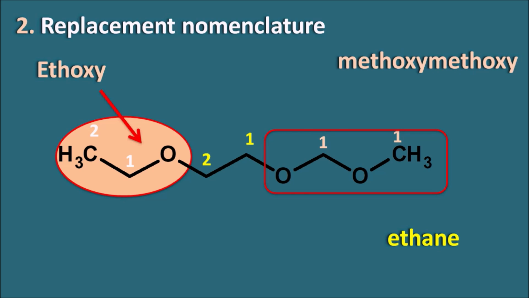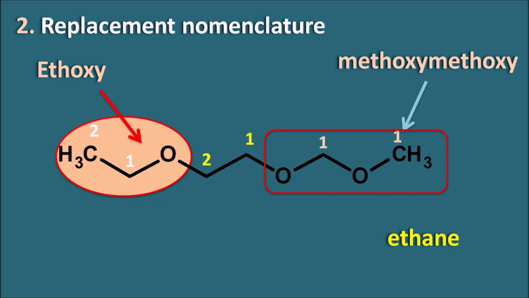So this is nothing but the methoxy. So in this way, to this ethane, 2 side chains are present at the first position as well as the second position. And when we are going to write the name for this compound, we have to arrange them in the alphabetical order. Ethoxy is going to start with the letter E, but methoxy is starting with the letter M. So which should be given preference? Ethoxy should be given preference.